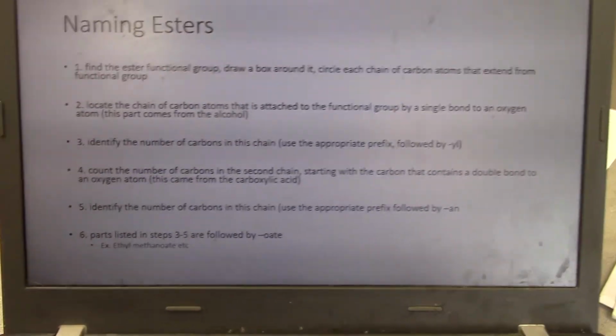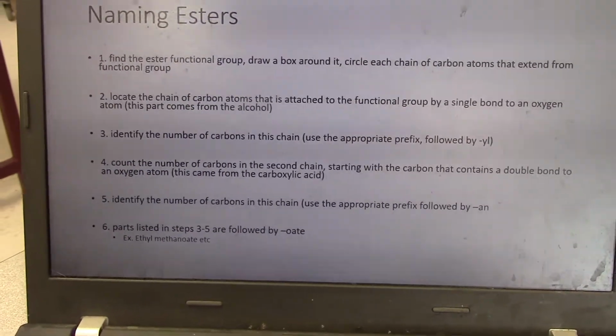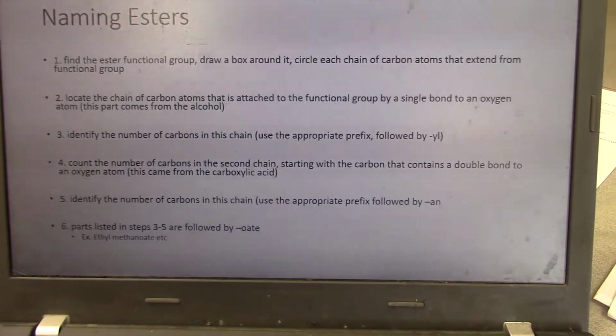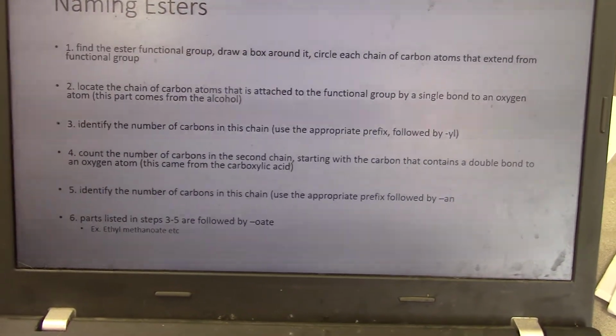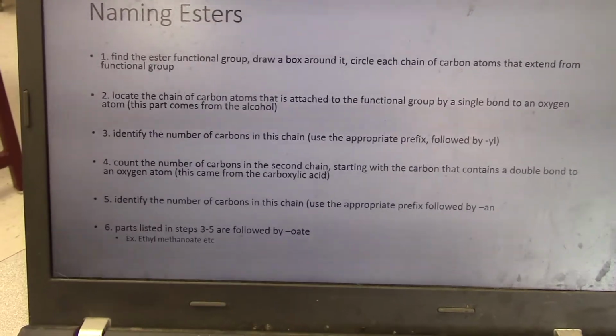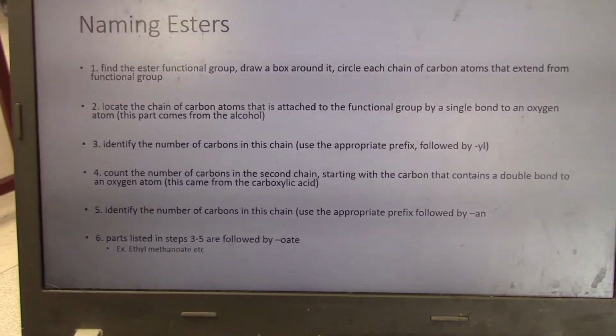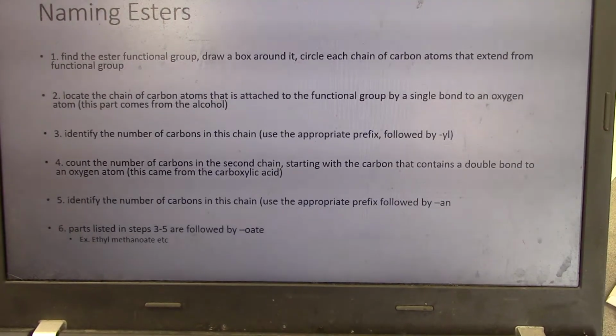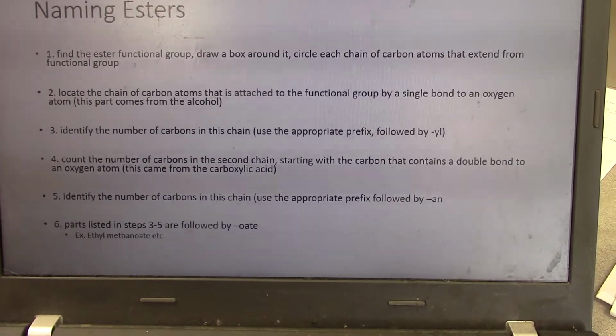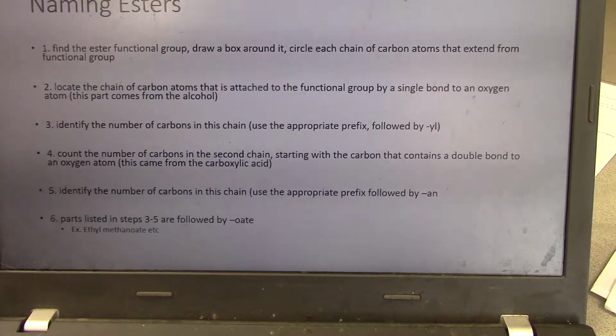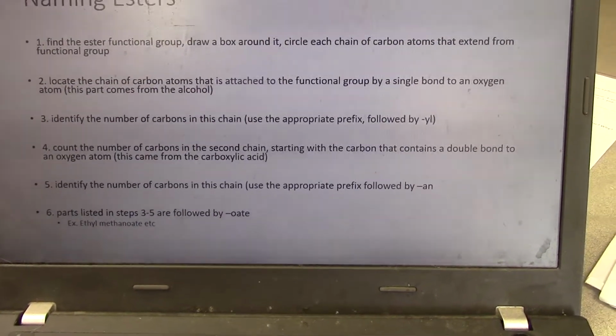You're going to name that first. Count the number of carbons in the second chain, starting with the carbon that has a double bond to an oxygen atom. That chain will become the carboxylic acid. Use the appropriate prefix with the carbons.